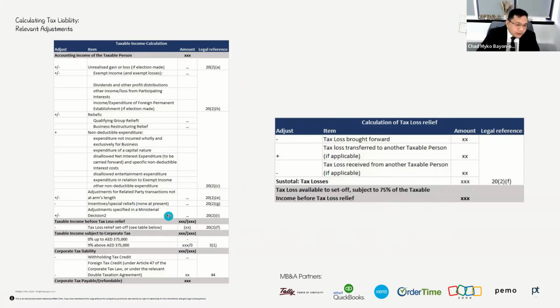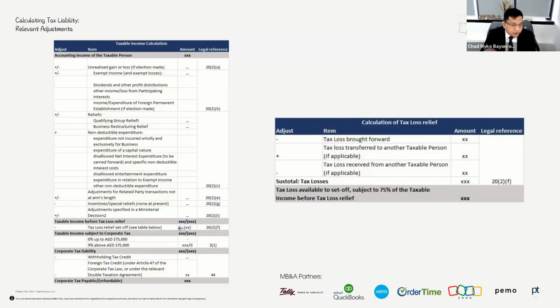And then if there are any adjustments that will be specified by ministerial decisions, those will be adjusted here as well. So after these adjustments, you will be coming up with the value of your taxable income before tax loss relief. So if ever you have tax losses, those could be carried forward.